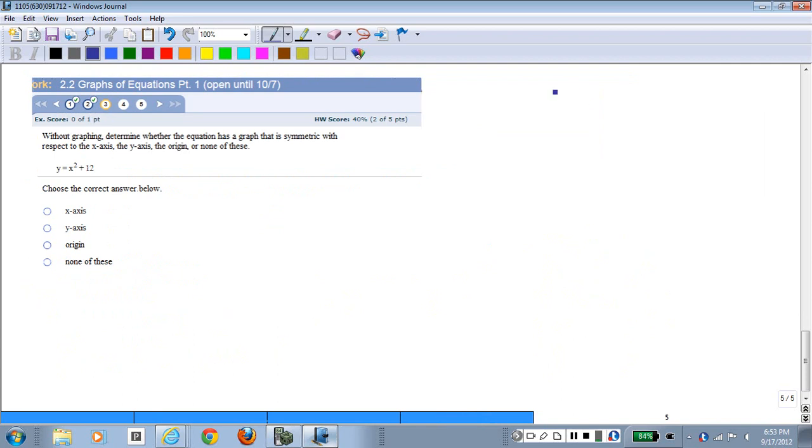If we have an equation that has x-axis symmetry, I'm thinking this one does not, but if we had one that did, and the point x, y is on the graph, what other points must be on the graph for x-axis symmetry? So for x-axis symmetry, same x, opposite y.